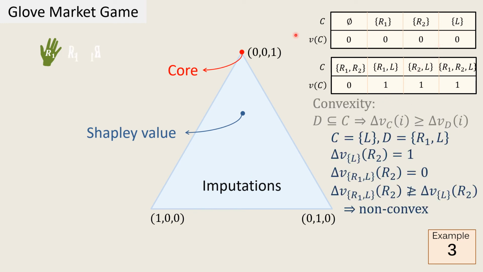However, this is not a convex game. It might not have a core in general, but in this particular example, the glove market game, we do have this point as the core, but the Shapley value is not in the core. That's because this is not a convex game.